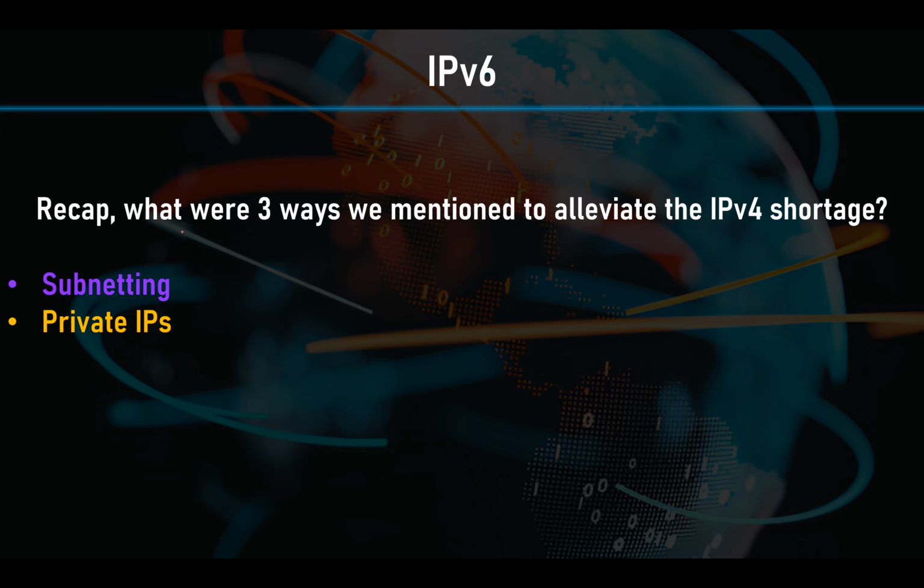Then we also looked at private IPs. So rather than every user device having to have a globally unique public IP, instead the router can have the globally unique public IP, whereas the end devices can have a private IP that's just unique for that network. And if they have to communicate with a device on another network, then they're going to go via the router, and the router is going to use NAT, network address translation.